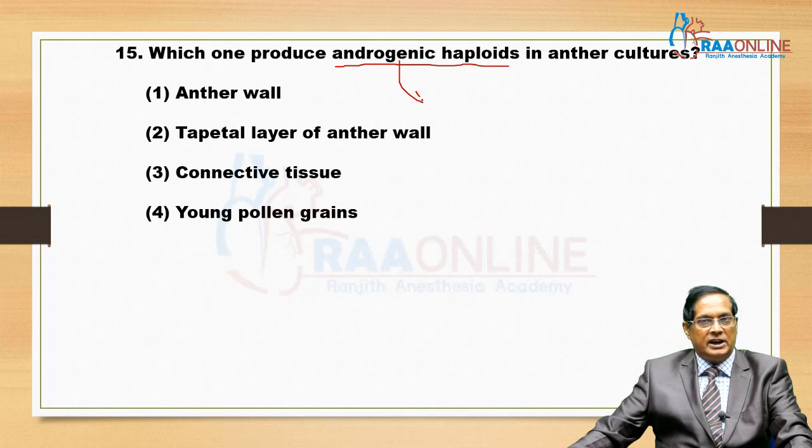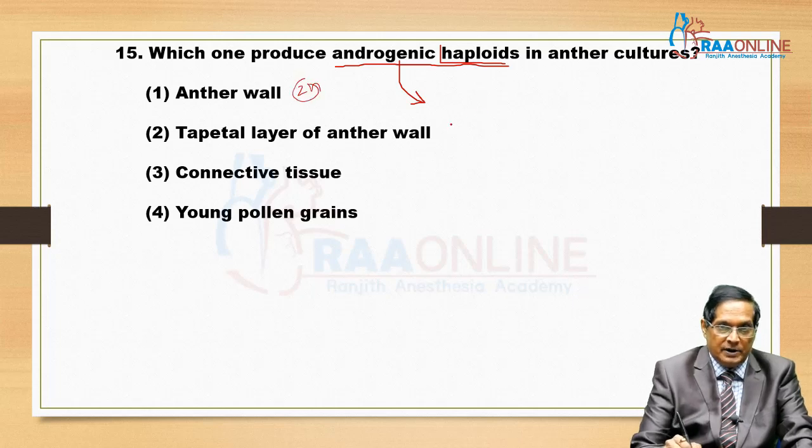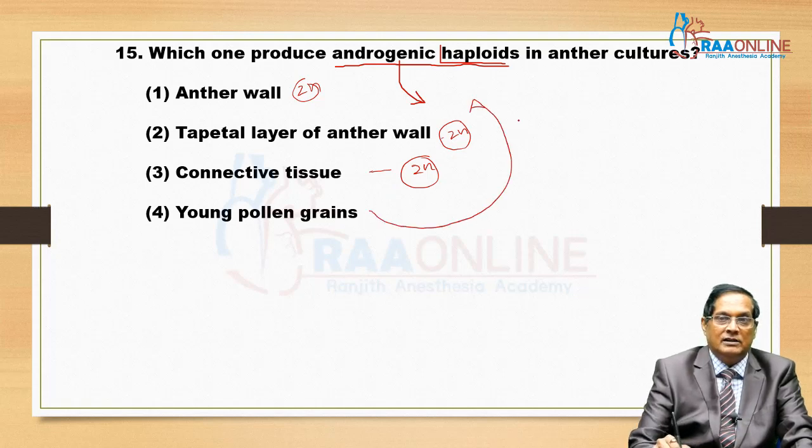Androgenic haploid. Androgenic, that is pertaining to male. In that case, actually the word haploid is given. Anther wall is diploid, so not possible. Tapetal layer of anther wall is also diploid, so not possible. Connective tissue is diploid, so not possible. The only option left, that is pollen grains are haploid.